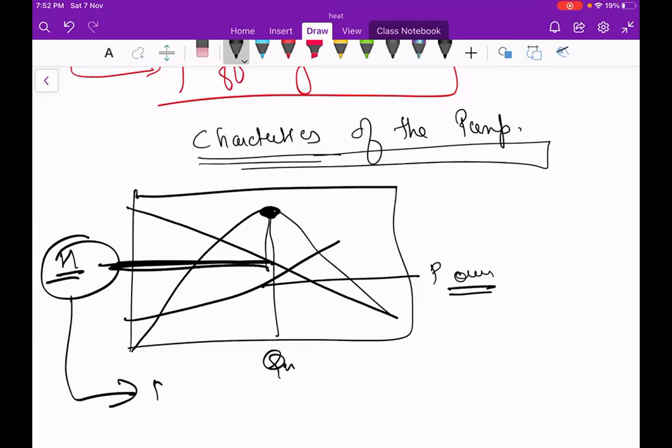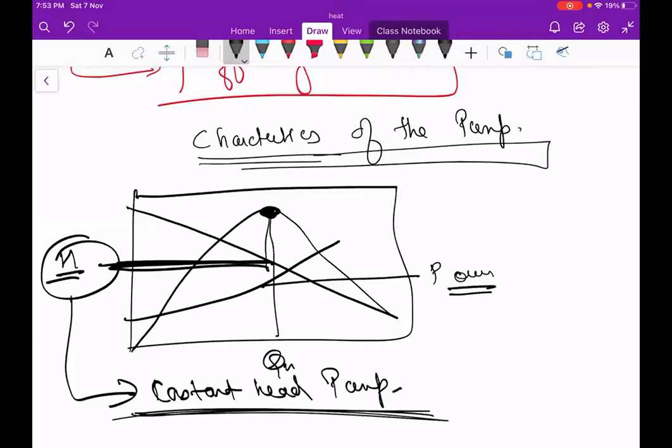That is why it is known as constant head pump. This point is very important, and we are going to see this curve in detail tomorrow, that is, the meaning of constant head pump.